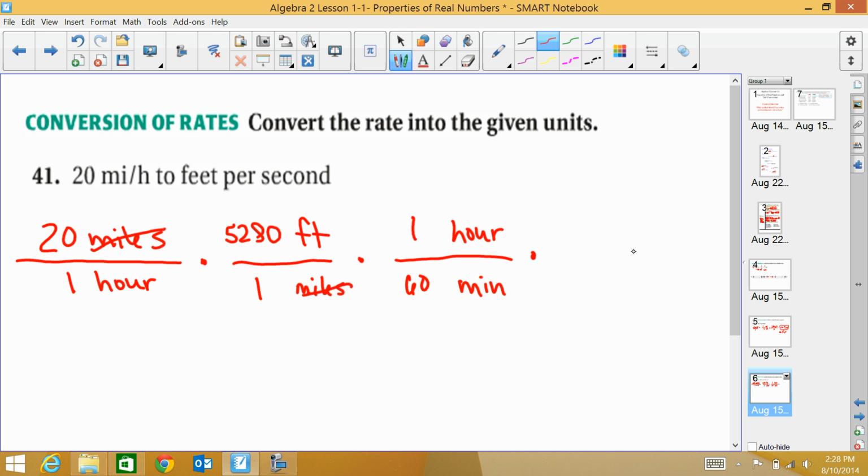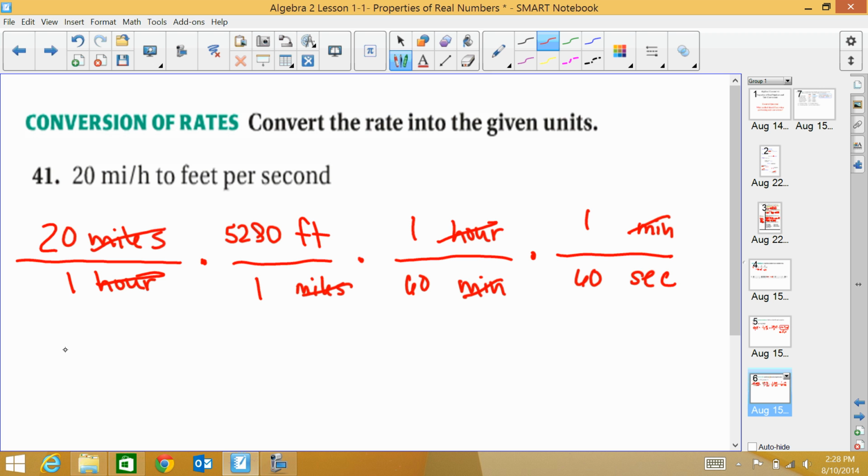Then I'm going to cancel out my hours and go from minutes to seconds. And then the minutes would have to go on top to cancel those out. And the seconds would go on bottom. And then I ask myself how many seconds are in a minute, and there are 60 seconds in 1 minute, and the minutes cancel out.